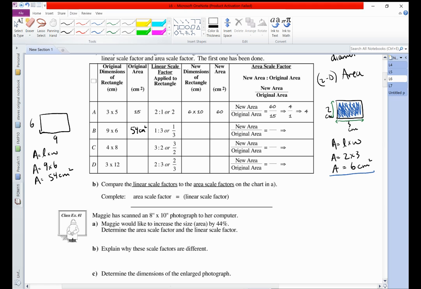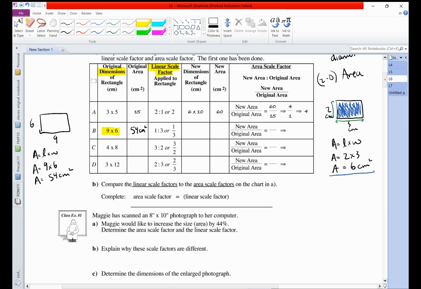In the next column, we are going to apply a linear scale factor. That means we are going to change the dimensions. We're not going to touch the area yet. The area is going to change because we changed the dimensions, but anything that's one dimension is a linear measurement.